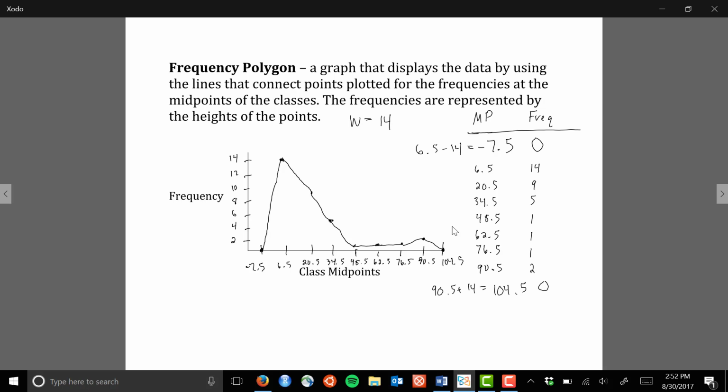Now that I've drawn my frequency polygon, I want to try to interpret it. What I'm usually looking for is where the frequency polygon is tall, and whether it extends out far in one direction or another. Because it's tall right here, it means that values close to 6.5 are more likely than larger values.